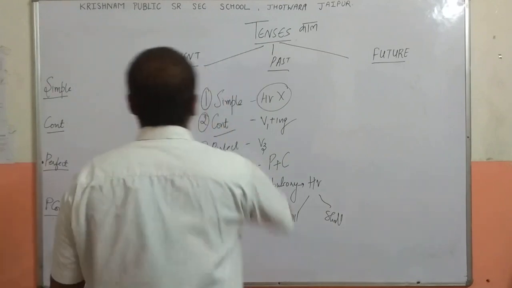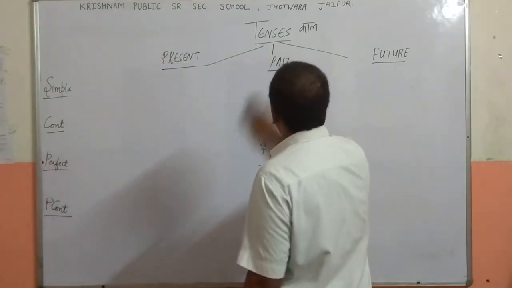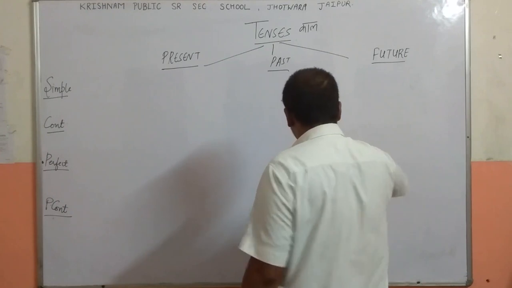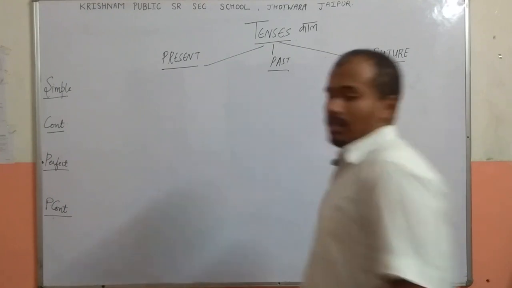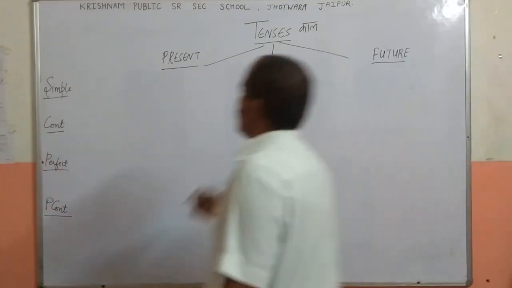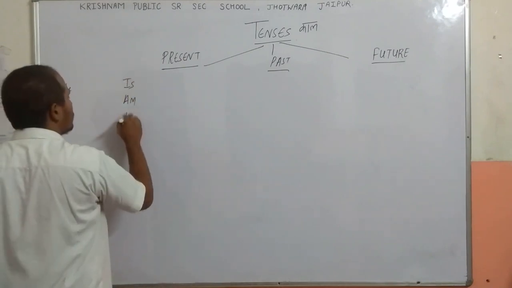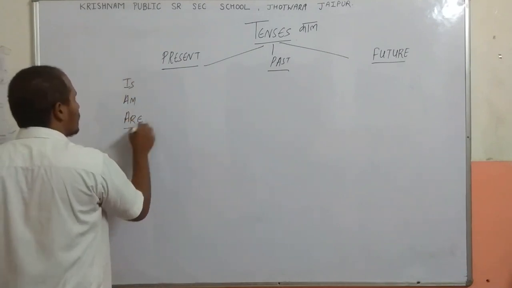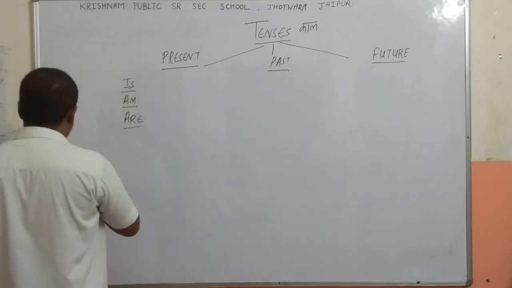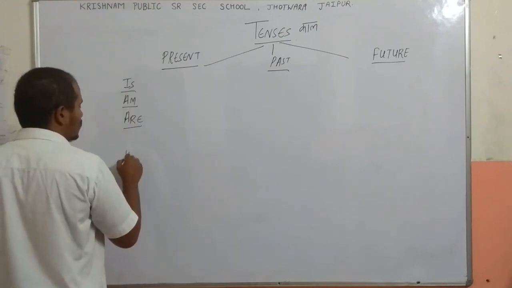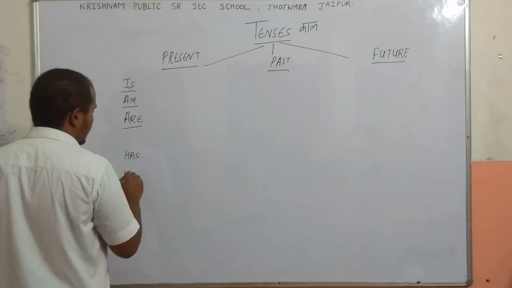Let me tell you about the helping verbs that we use in all the 3 forms. The helping verbs that we use in present are is, am, are majorly, and in perfect and perfect continuous we will be using has and have.